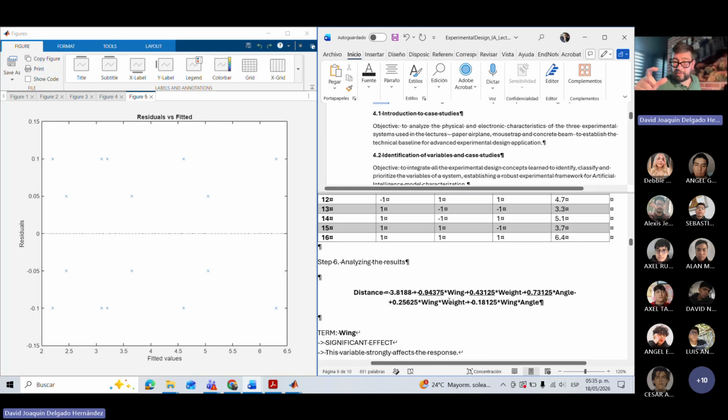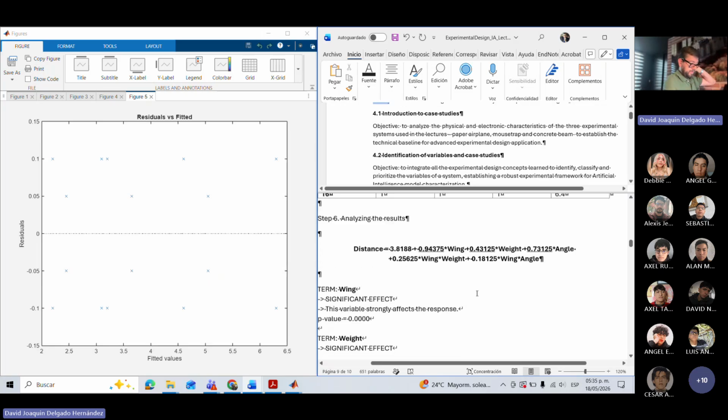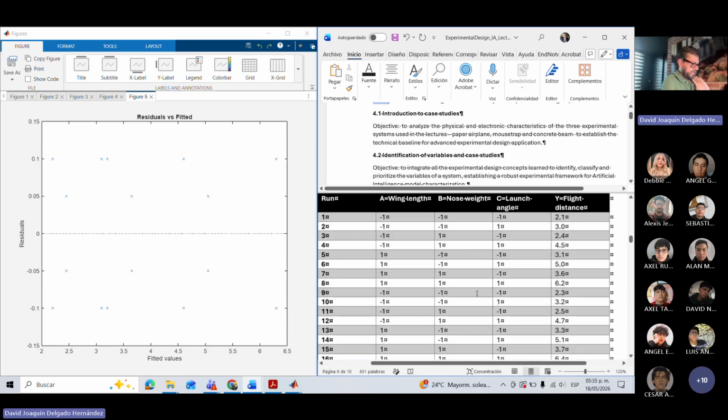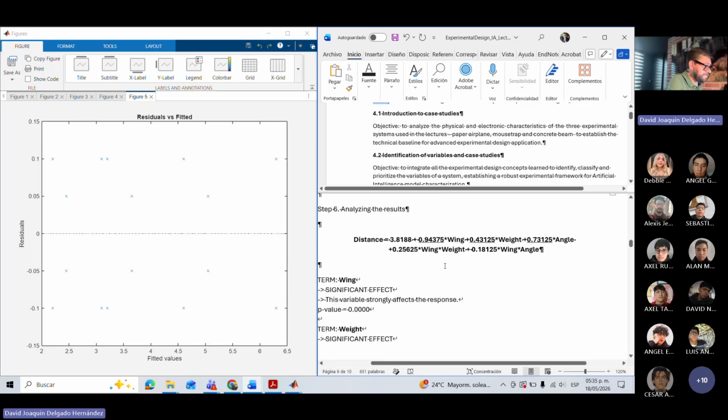And I have to calculate the difference between the result and the value that is given with this model. So let us do it. Let us do it. Okay, so let me put this model here.